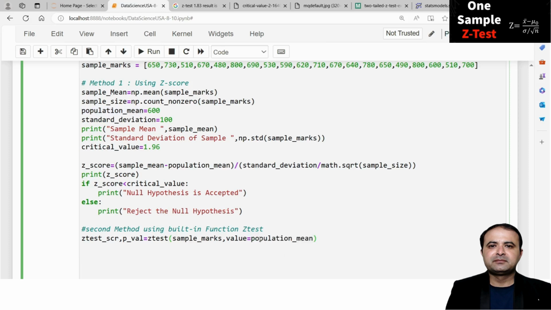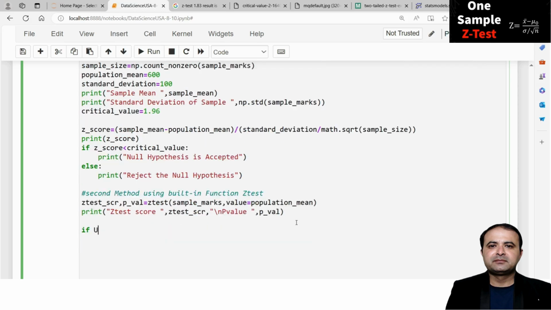Now I want to find out the value of the z test. Print z test score and p value.